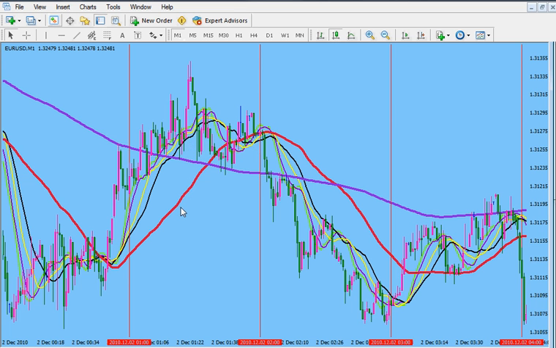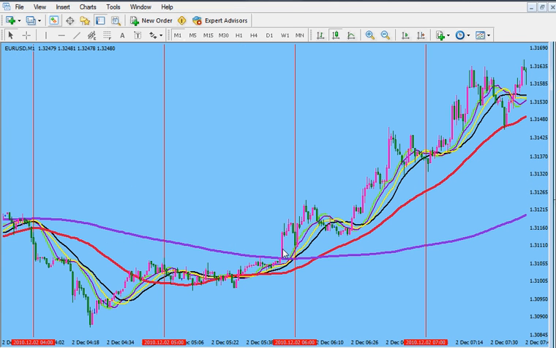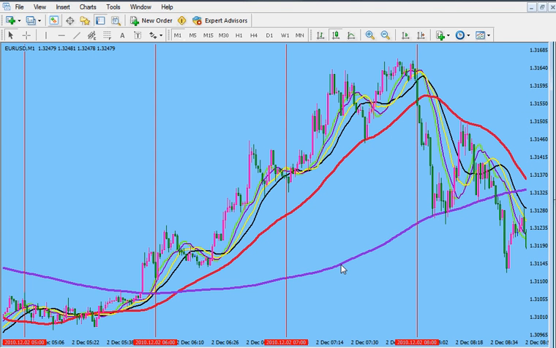Also, remember that a valid break above the 200 SMA shows strength in the market, and a valid break below shows weakness. Now, I'm going to show you this chart that I've been making, and I'm hoping that it's going to help you in your trading as well.